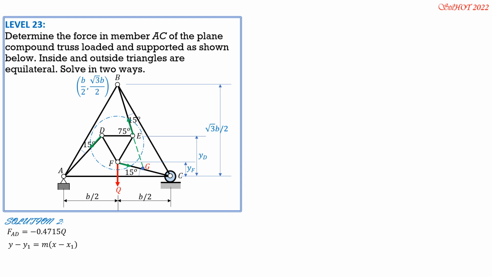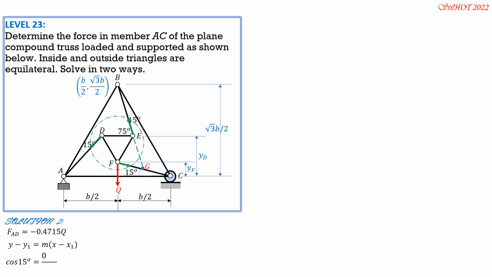So the slope of BE is either tangent of 105, press your calculator, it is negative, or tangent of negative 75. So I use negative 75 because it is clear here. Or tangent of 105, where 105 is 180 from the positive x-axis to BE minus 75. Tangent 105 or tangent of negative 75.